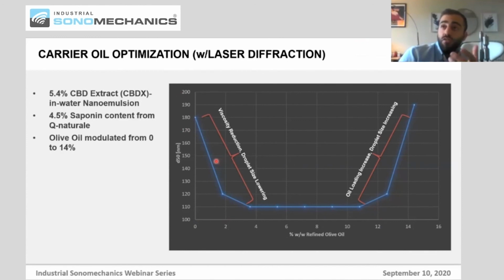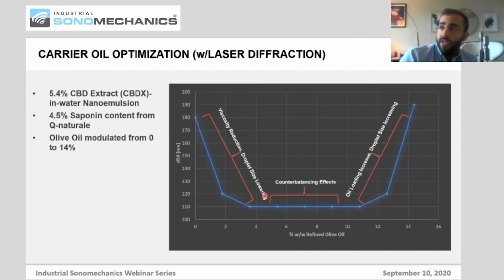And the reason we think this is happening is because we are reducing the viscosity of the dispersed phase. And now viscosity, by definition, is the resistance to shear. So if we decrease our viscosity, then we're more susceptible to the shear forces that we're preparing these nanoemulsions with. Again, we did see an area where these effects counterbalanced.